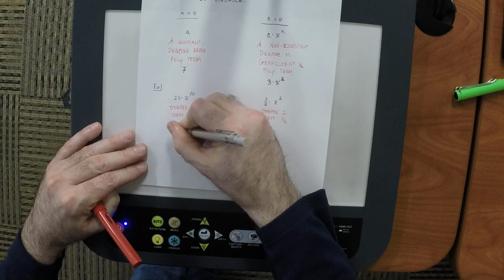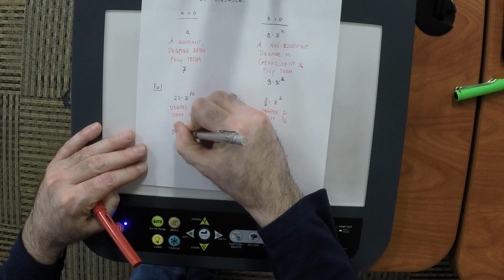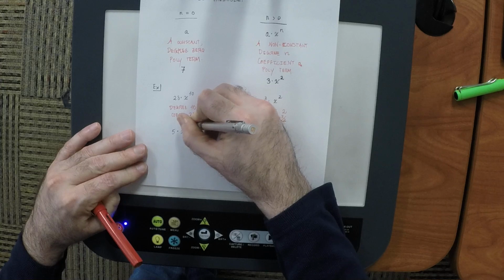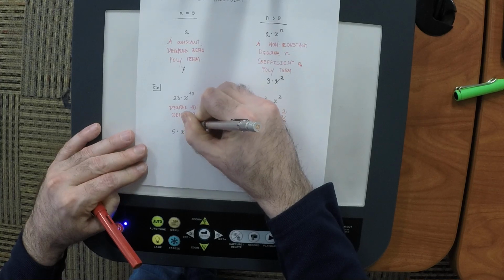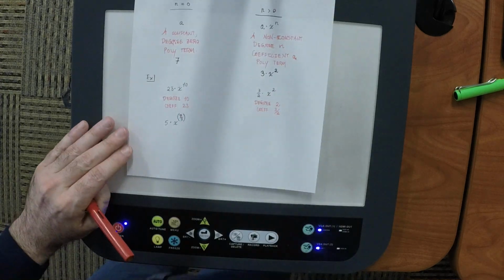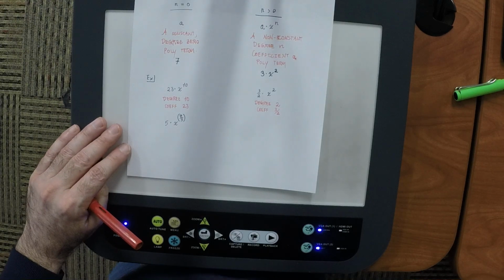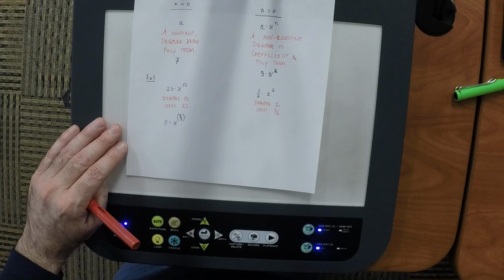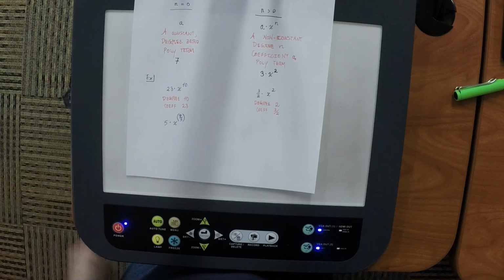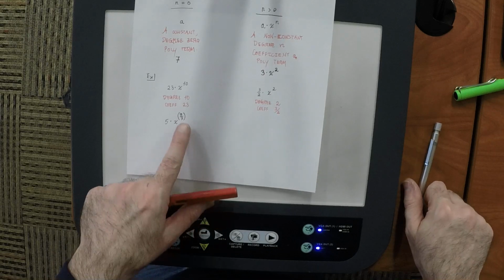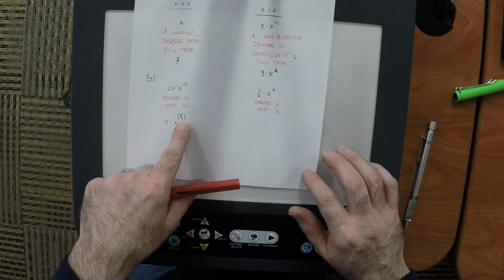Then what about this one? What about 5 multiplied by x to 7/3? What about that one? Yeah, this is not a polynomial term. Why not? Right. Because that 7/3 is not natural.